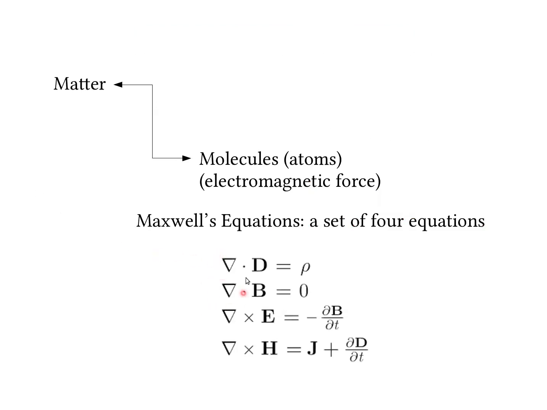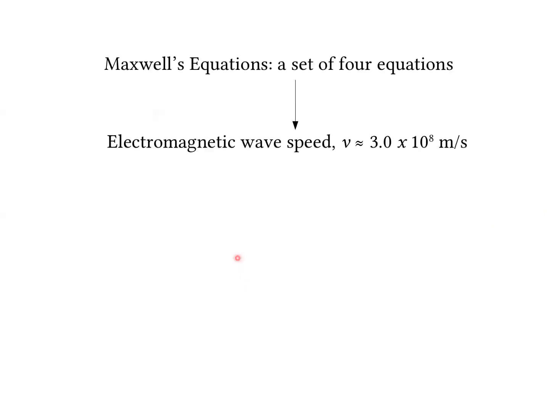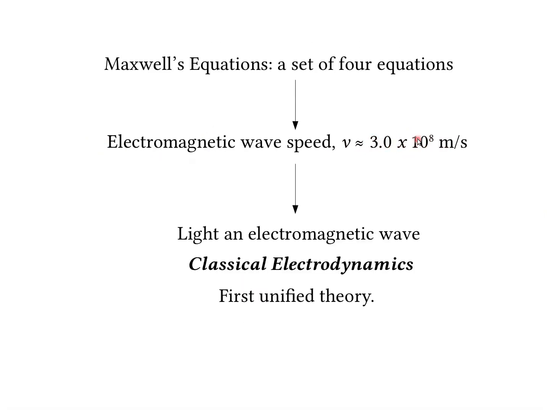These four equations also show that an oscillating electric field gives an oscillating magnetic field, and the oscillating magnetic and electric fields give a wave, called the electromagnetic wave, whose speed is about 3 × 10⁸ meters per second, the speed of light. So we say that light is an electromagnetic wave.